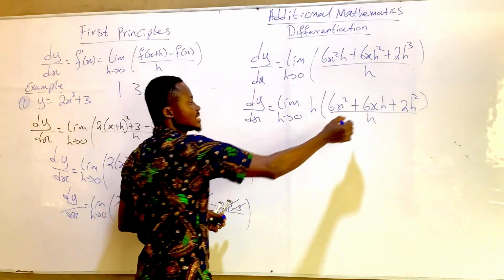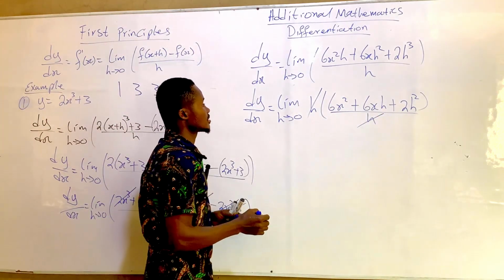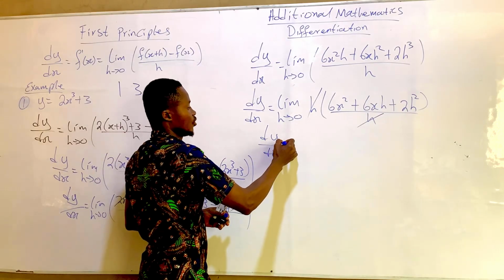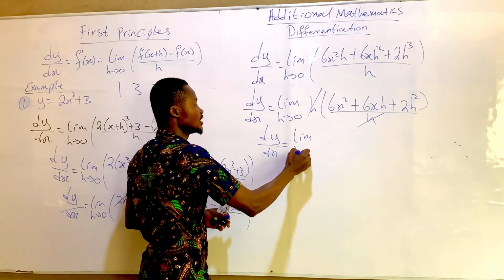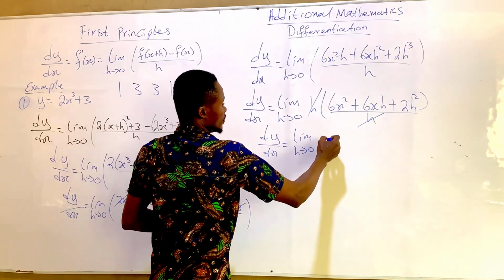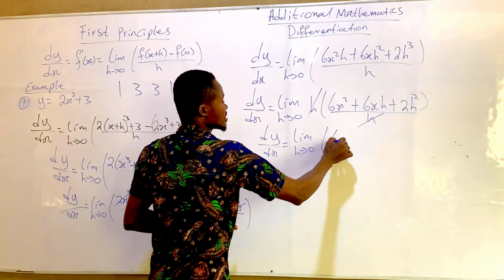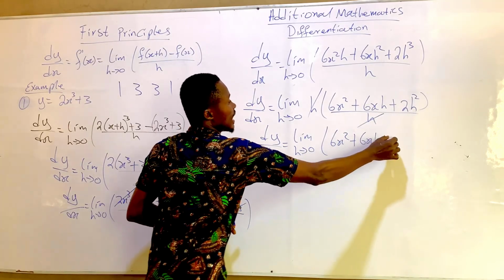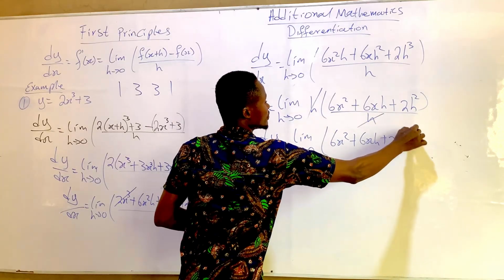Now what do I do? This h will cancel this. Then our dy over dx will be equal to the limit as h approaches 0 of what is left, 6x squared plus 6xh plus 2h squared.